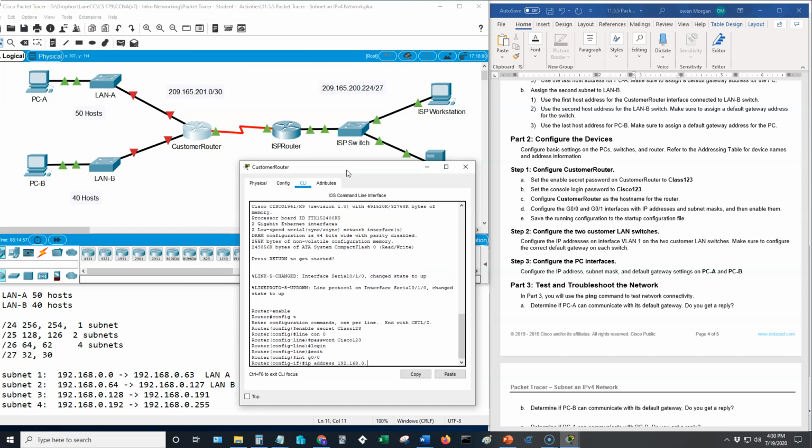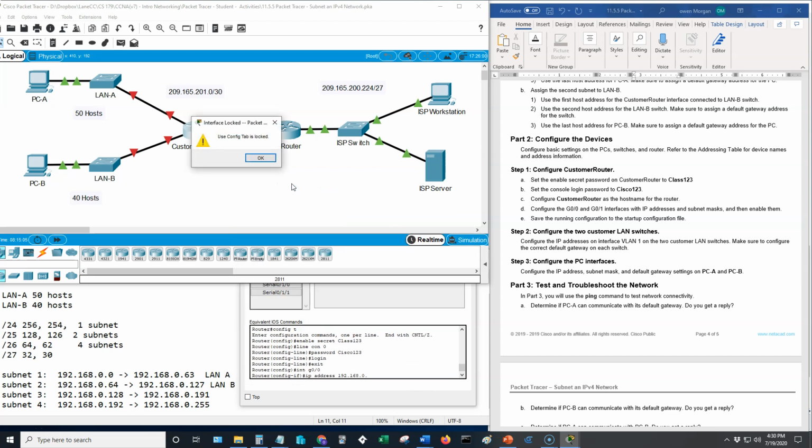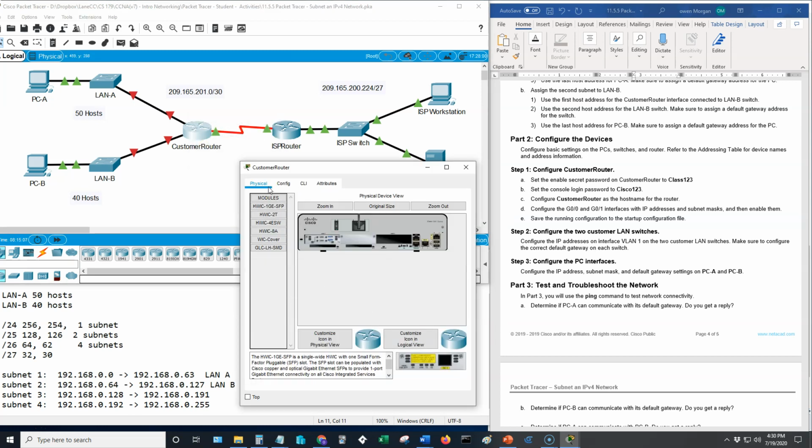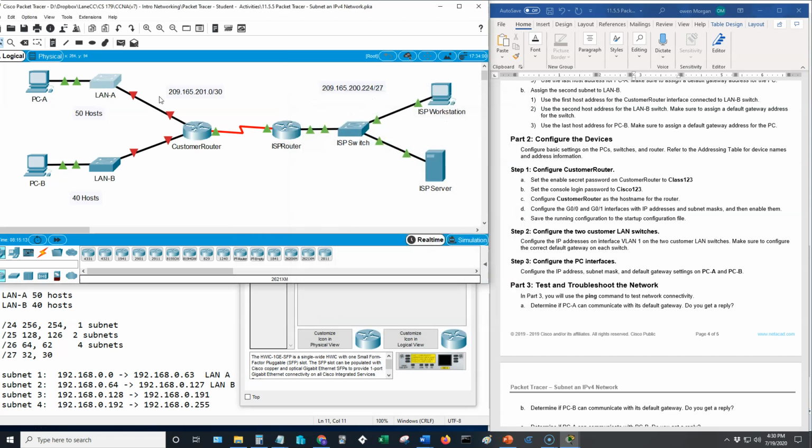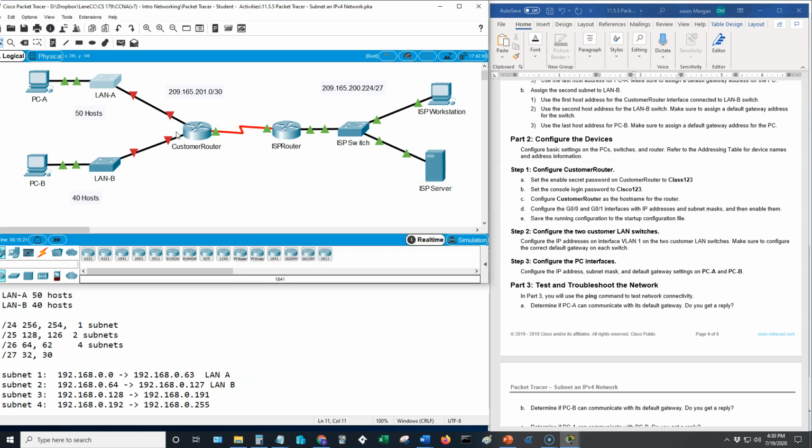Actually, let's make sure I'm using the appropriate port here before I continue. Because I can't look at that, can I? Trying to remember, there's an easy way to do that. If I just hover over the line, it's supposed to do that. Let me just close this.